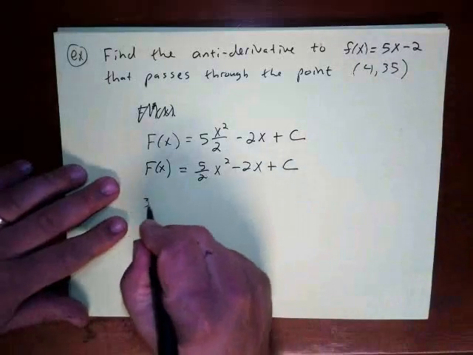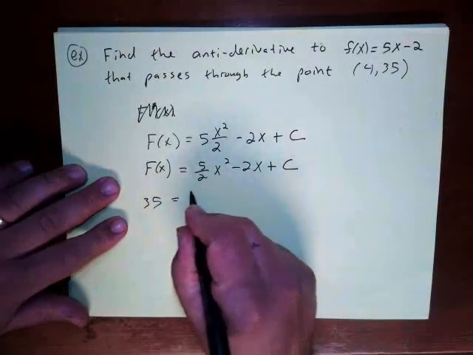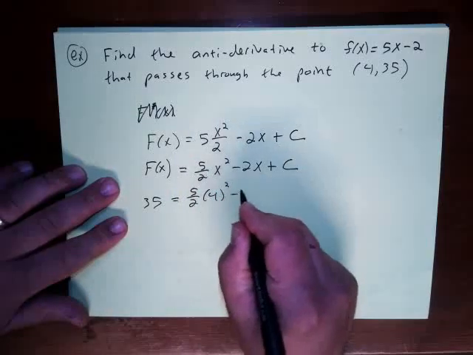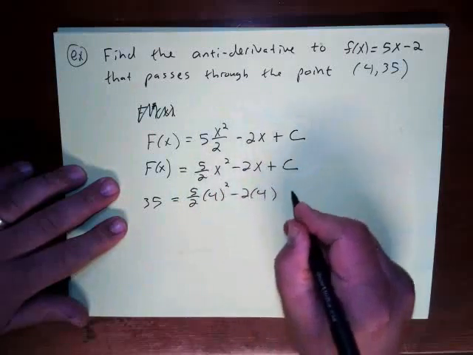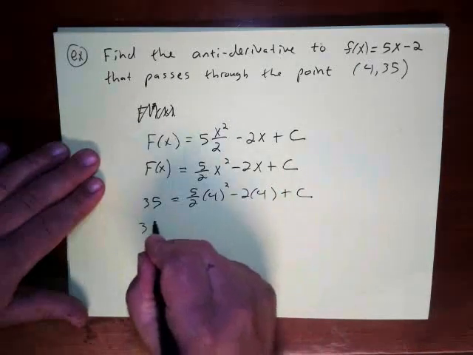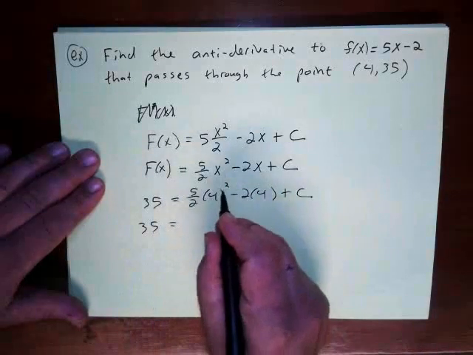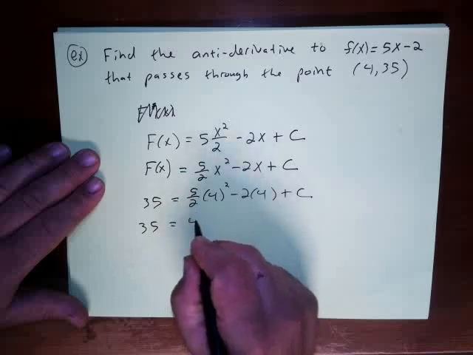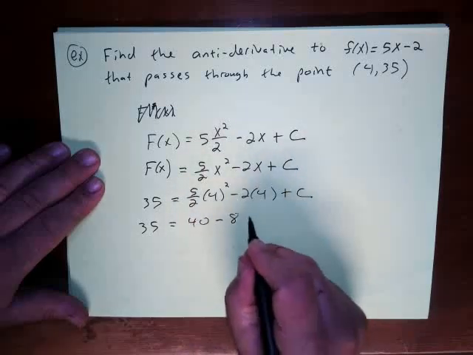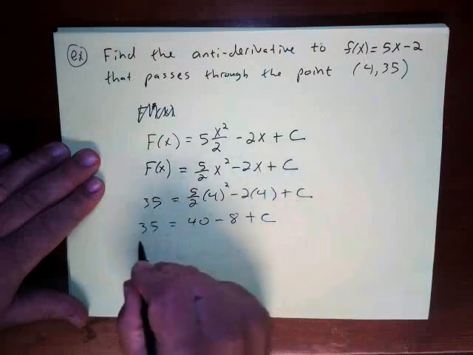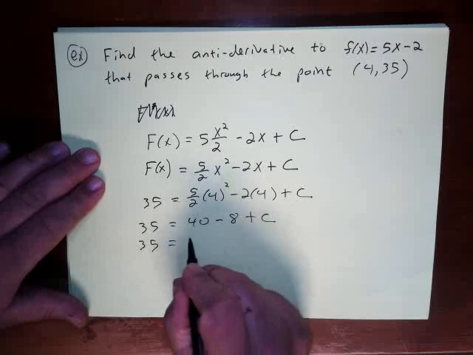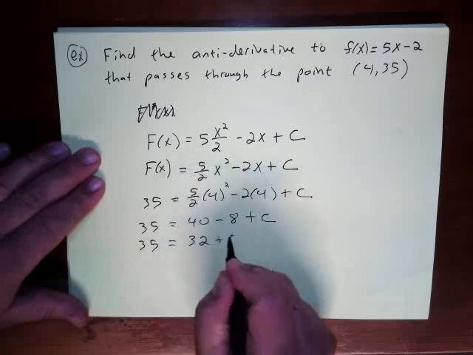Okay, so I'm going to put in 35 is equal to 5 halves times 4 squared minus 2 times 4 plus c. Okay, so this would be 35 is equal to, this would be 16, so that would be 40, and then multiplying that together gives me 8 plus c. So 35 is equal to 32 plus c.